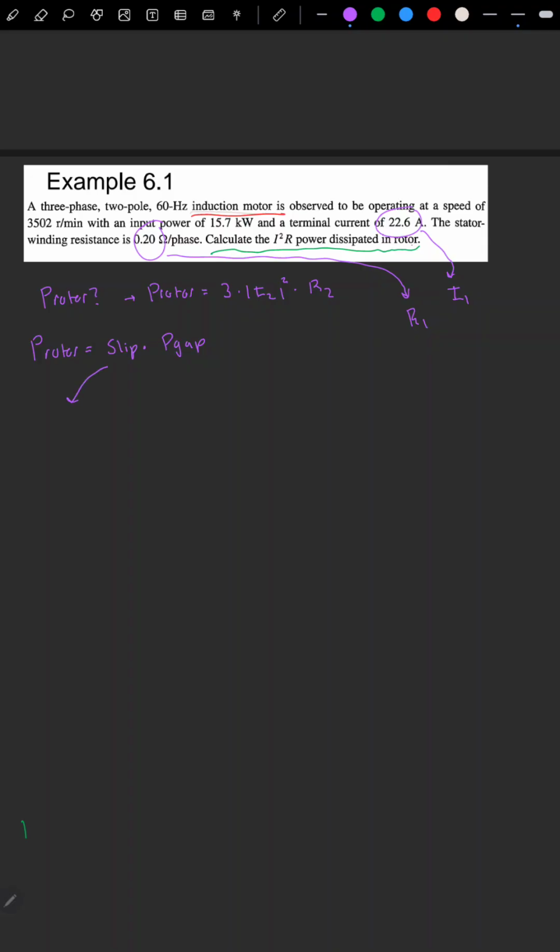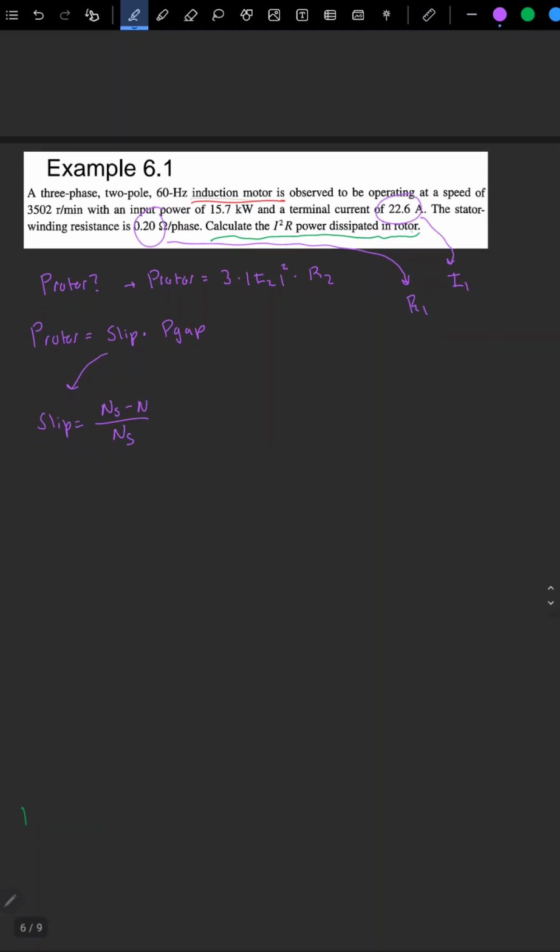First, I'll talk about slip. Slip equals (NS minus N) over NS. In an induction machine, if it gives you RPMs, you could pretty much chalk that up to be the N. Now the NS is equal to the synchronous speed.